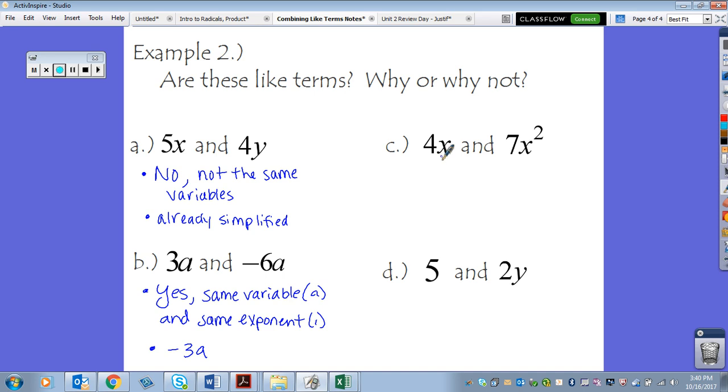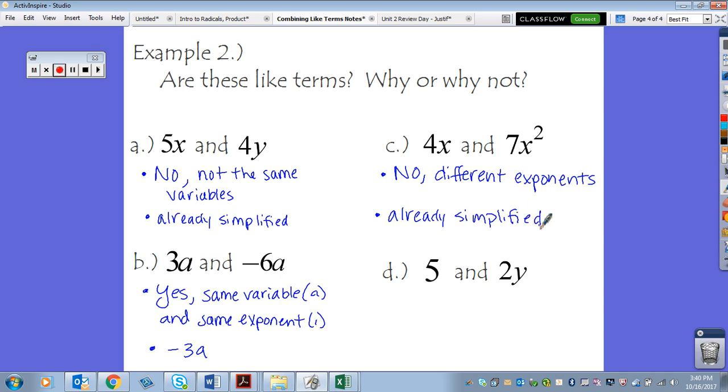C, 4x and 7x squared. Are these like terms? We're going to say no because they have different exponents. Remember, to be like terms, even if you have the same variable, this exponent has to be the same as this exponent. Because they don't have the same exponents, we know that these terms are already simplified.